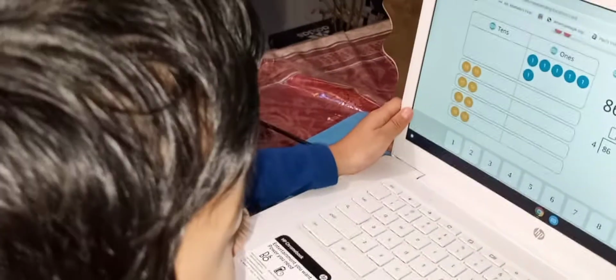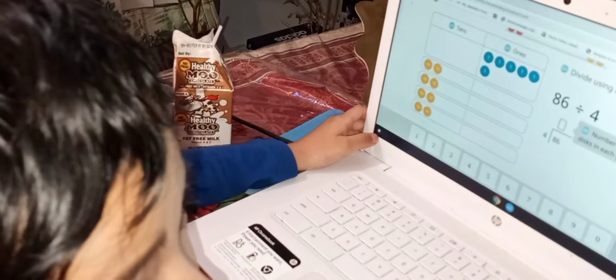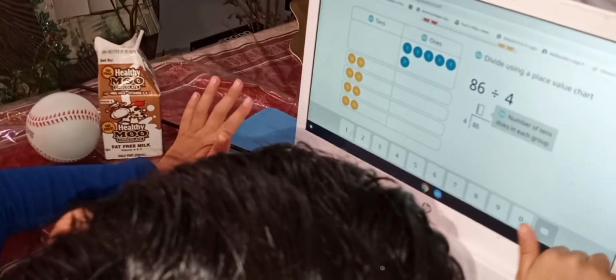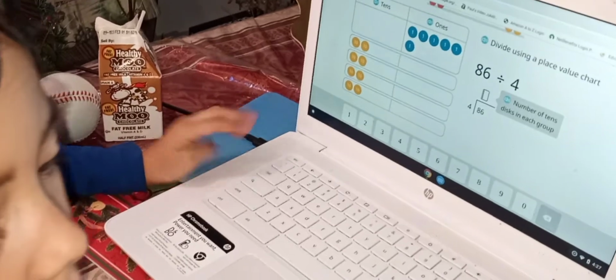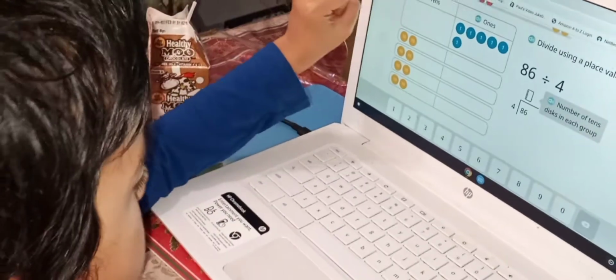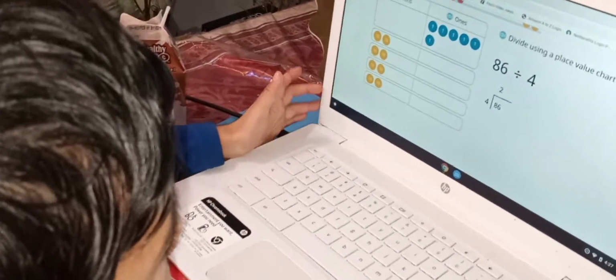First it says number of tens in each group. So you do 8 divided by 4. 8 tens divided by 4 is 2.